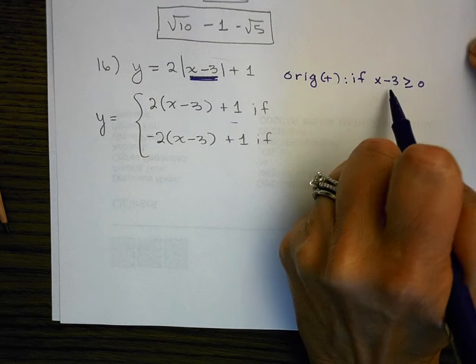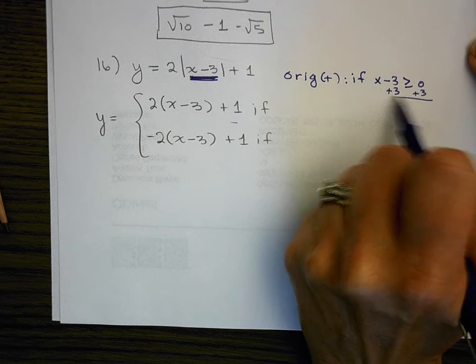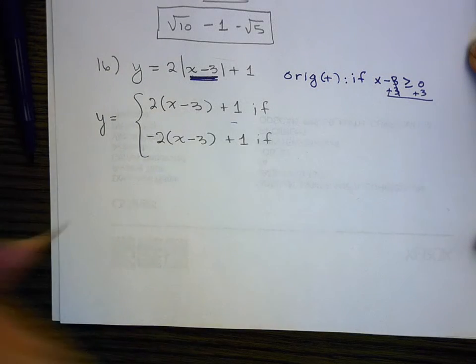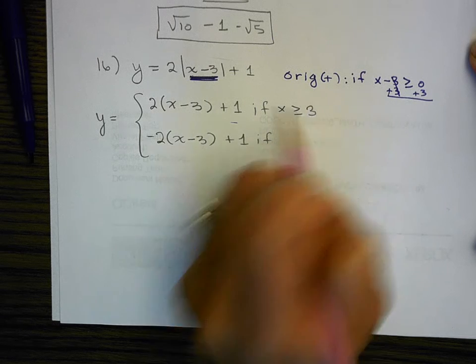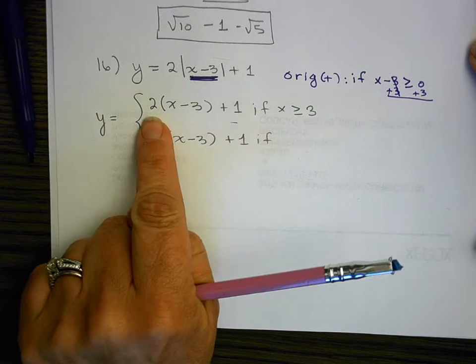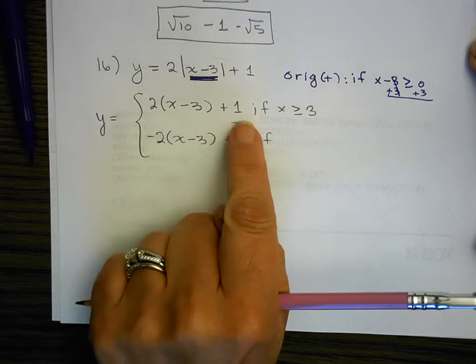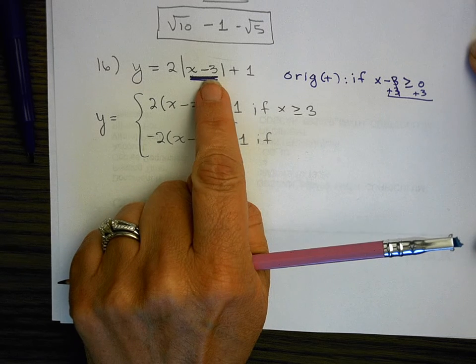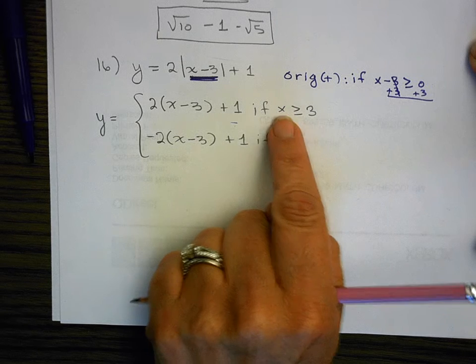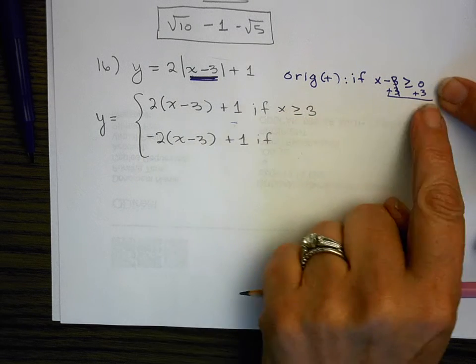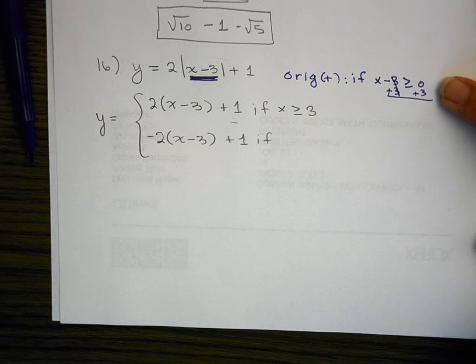So if I solve this, then I would have, this is if x is greater than or equal to 3. So this is only positive, all of this right here, if x minus 3 is greater than 0, which is only true if x is greater than or equal to 3.